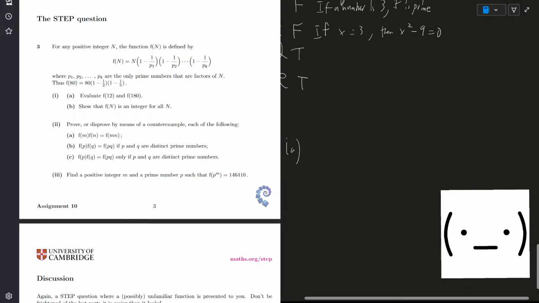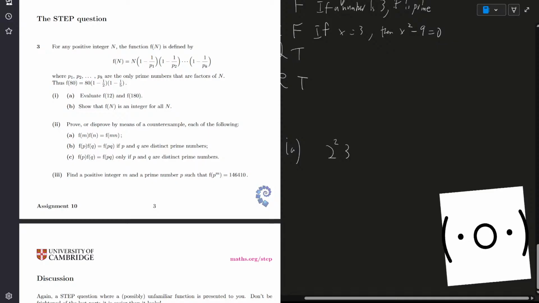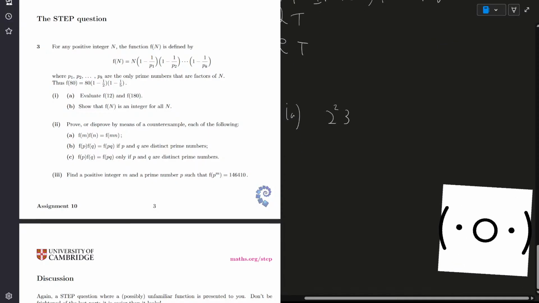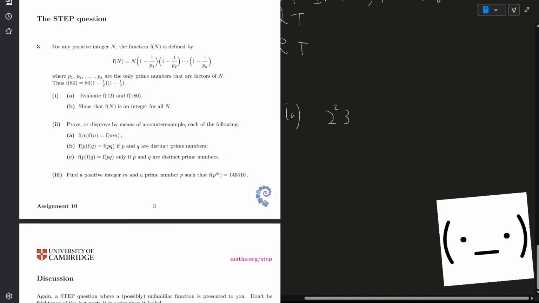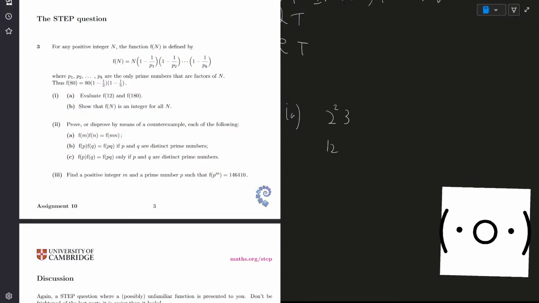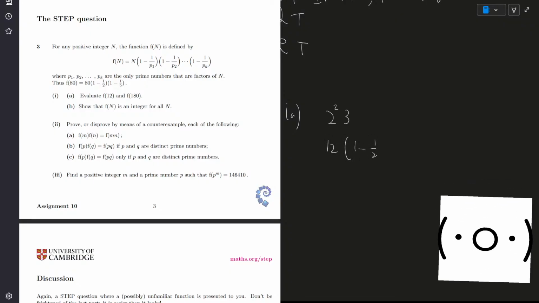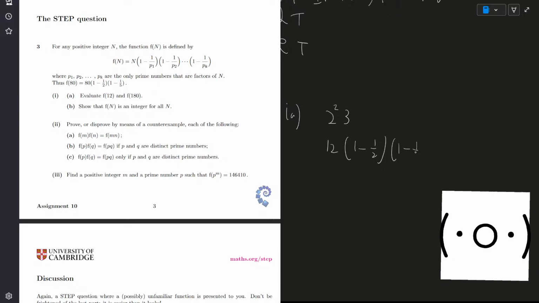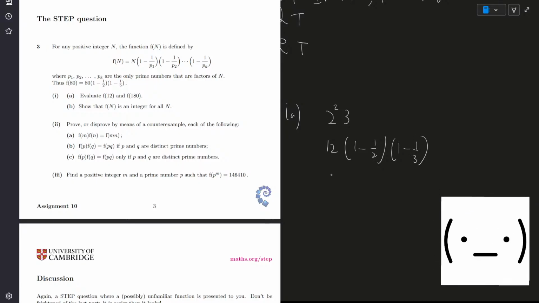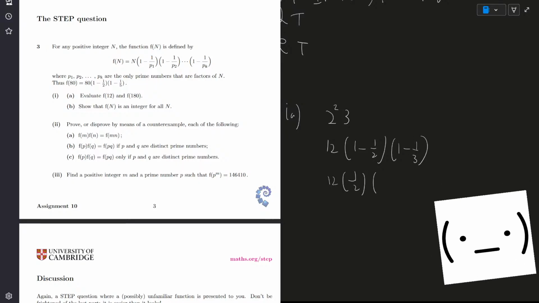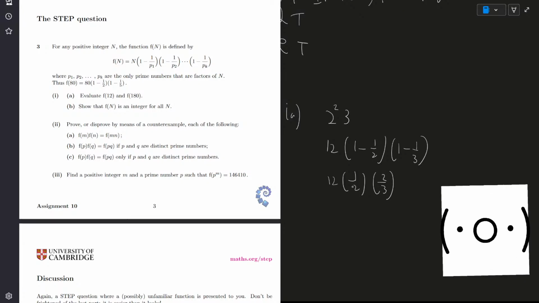We can evaluate. It's 2 squared times 3, which is 12. So that means that it's 12. One minus this, one minus this, turns out to be this, and this.